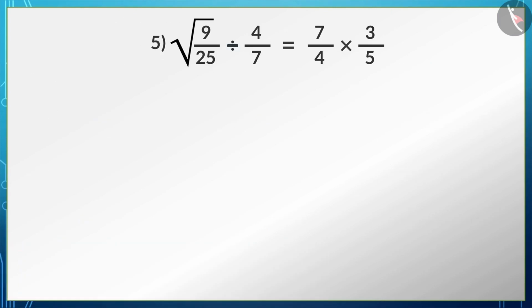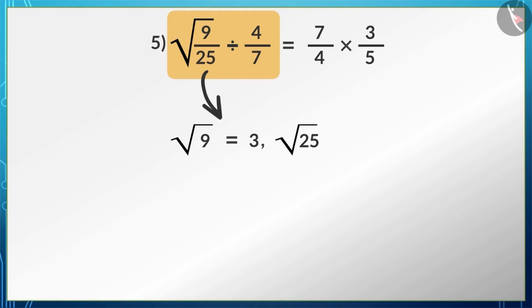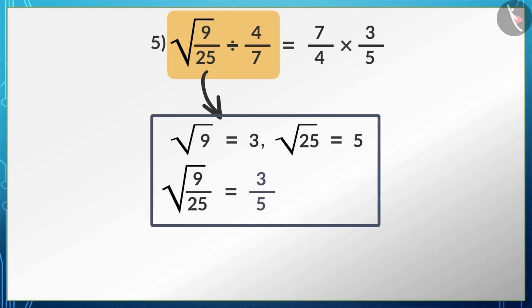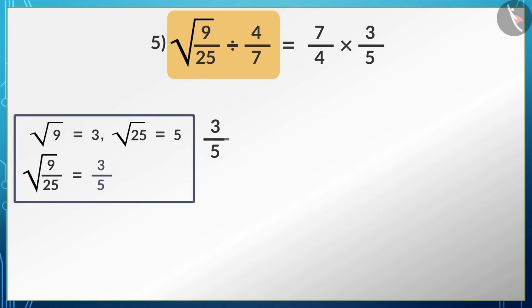Sir, if we look at the left side, that is LHS, then we can write square root of 9 is equal to 3 and square root of 25 is equal to 5. In this way, we can write square root of 9 by 25 as 3 by 5. Now we can write LHS as follows, which is equal to 3 by 5 multiplied by 7 by 4.